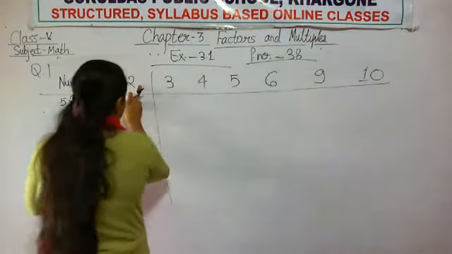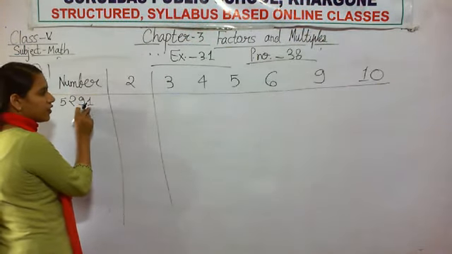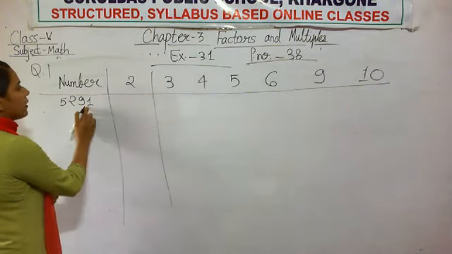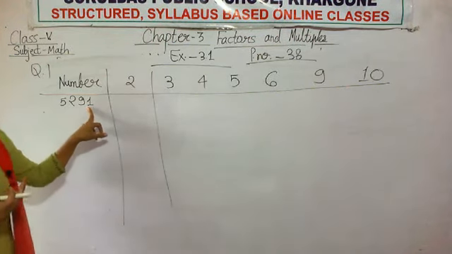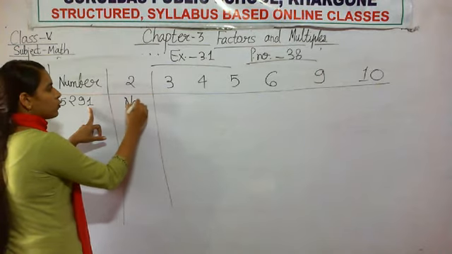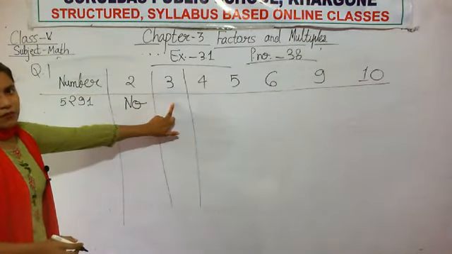Now, for checking the divisibility by 2, you will check the ones digit. If the ones digit is even, then you can say yes, it is divisible by 2. But here the ones place is an odd number, so no, it is not divisible by 2. Now check divisibility by 3.